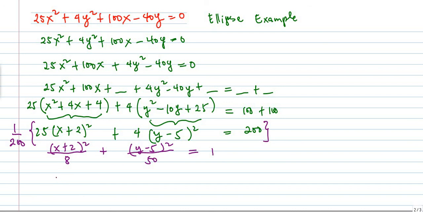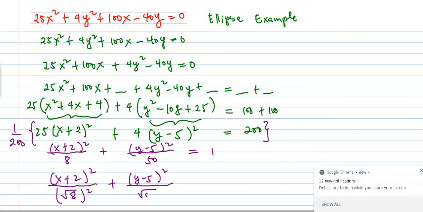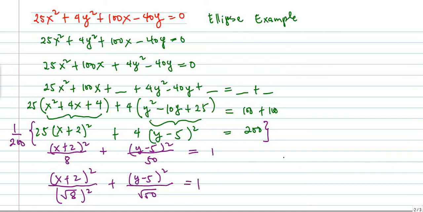We have x plus 2 square over square root of 8 square plus y minus 5 square over square root of 50, which is equivalent to 1. So, dapat laging 1 yan.